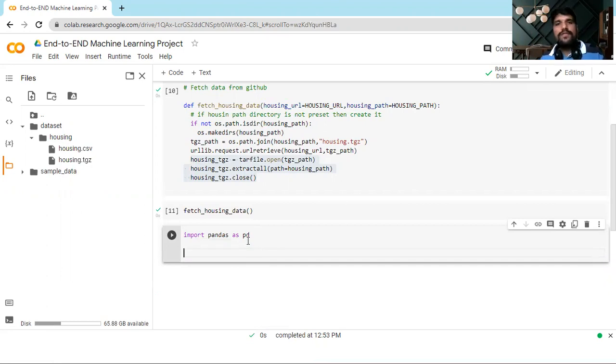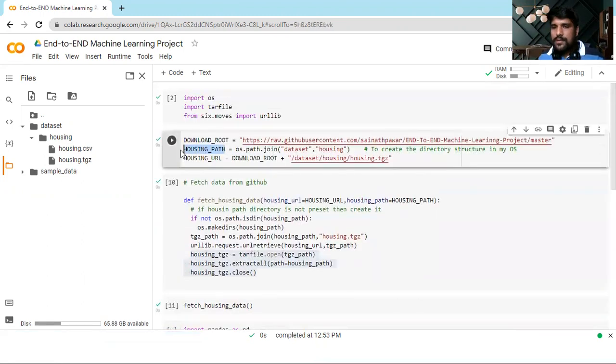Now for loading and reading the data, we will create another function. So we write def load_housing_data. To load the data, we must give the path. So first the path as housing_path, and the default value of housing_path is this.